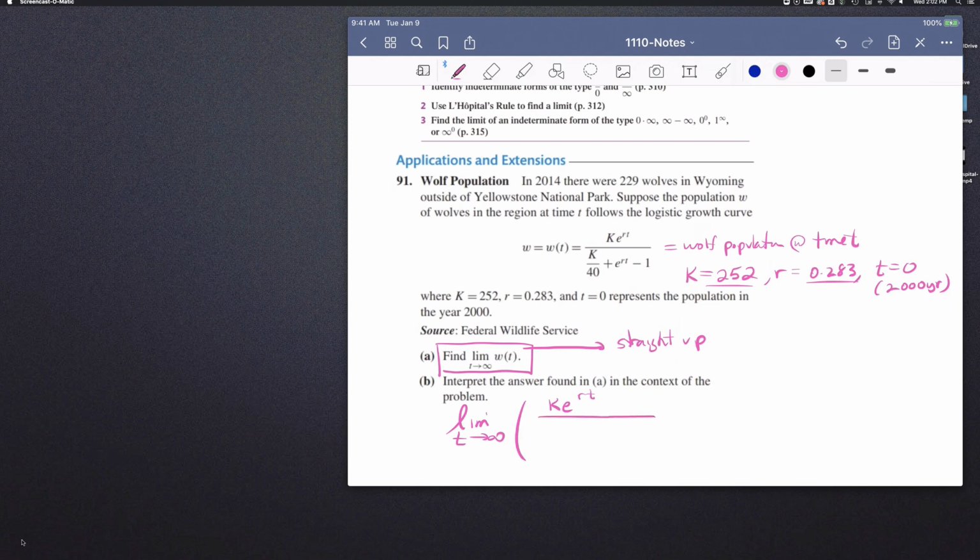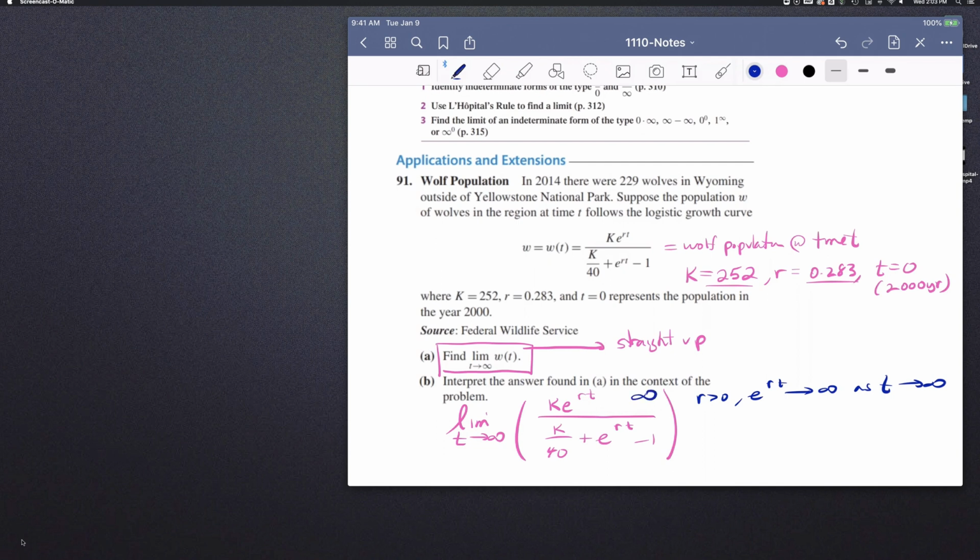As t goes to infinity, because r is greater than 0, e to the rt goes to infinity, so the numerator is getting really big.